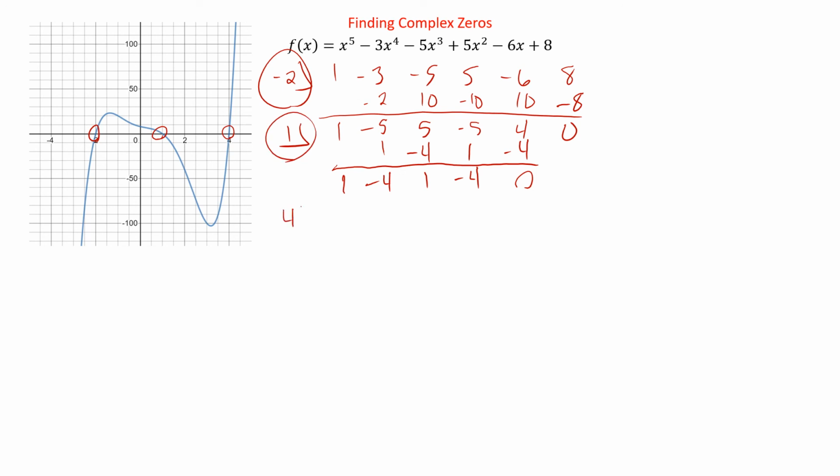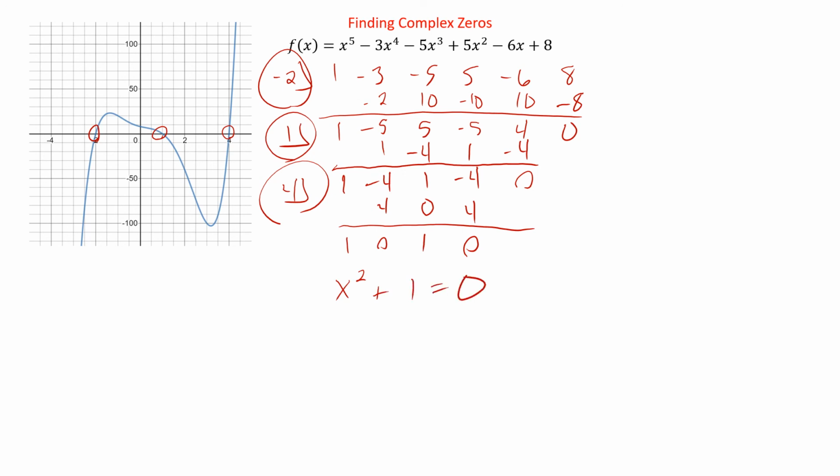All right, now let's go with 4. Oop, I was a little bit low there because I can use the answer. So we bring it down, multiply, add, multiply, add, multiply, add. So 4 works. And now what we're left with here is x squared plus 0x plus 1.